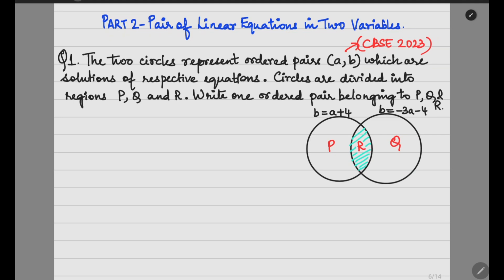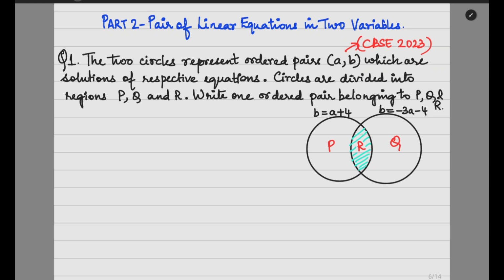So here we are in part 2 of solving important questions from the chapter Pair of Linear Equations in Two Variables. Earlier, in the first part, we had solved some questions wherein you have to find the solution of a pair of linear equations using graphical methods.